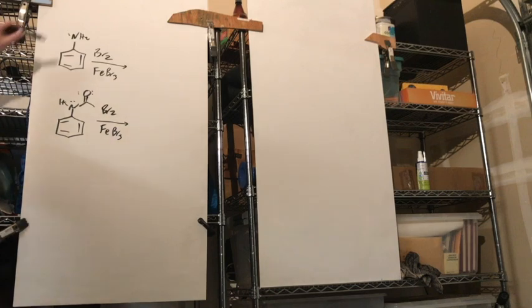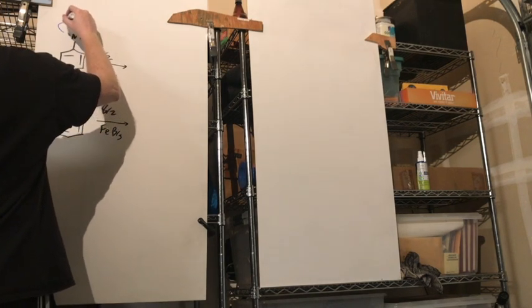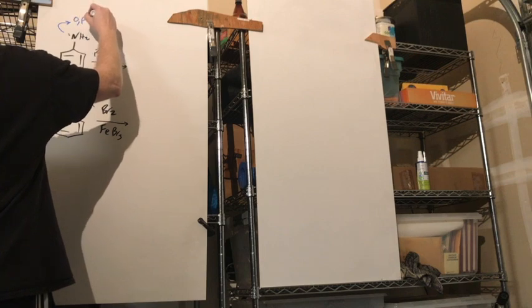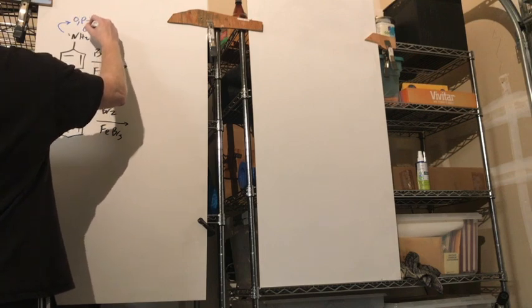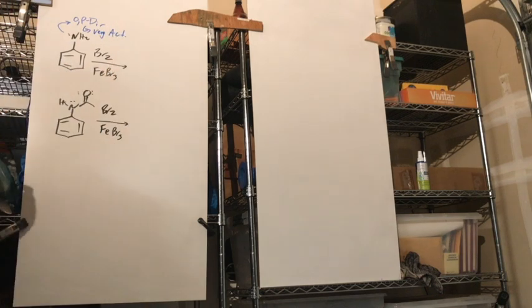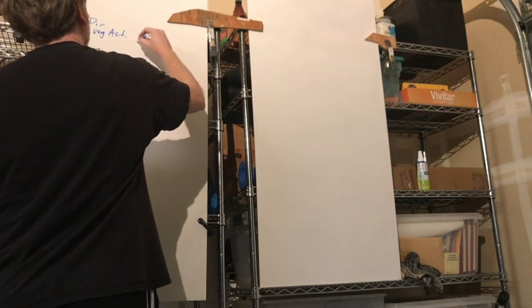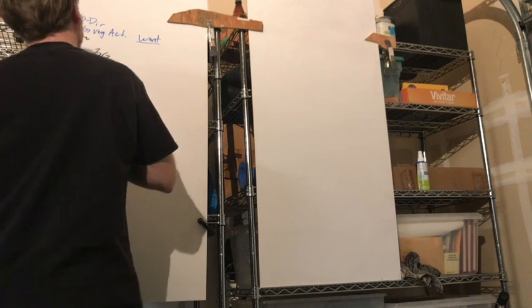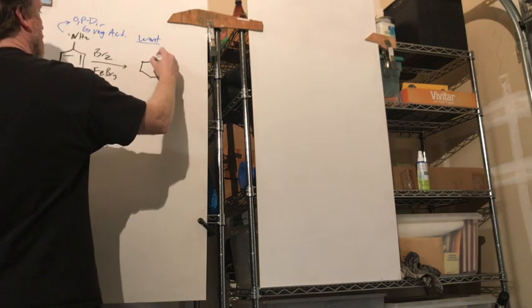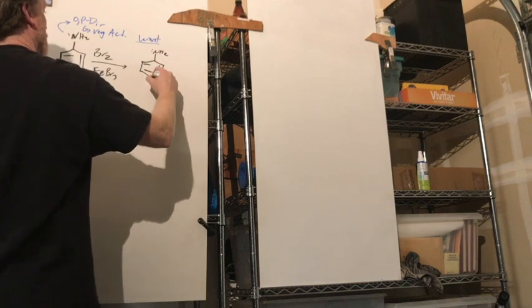When you're reacting aniline, it's a very activated ring. So this here aniline is an ortho-para director and very activated. So it's strongly activated. So let's say you want just the monobrominated product, and you want it para.